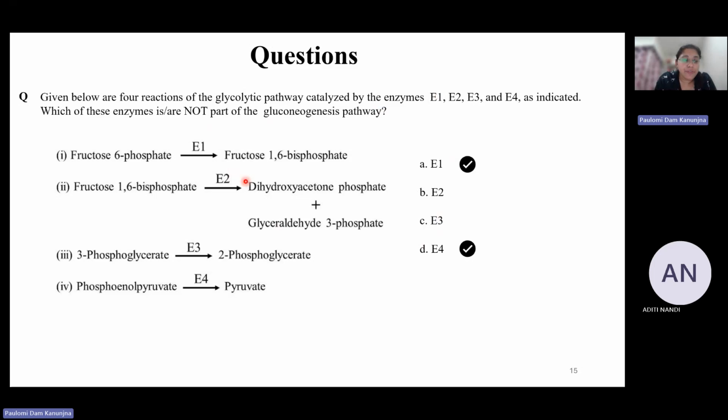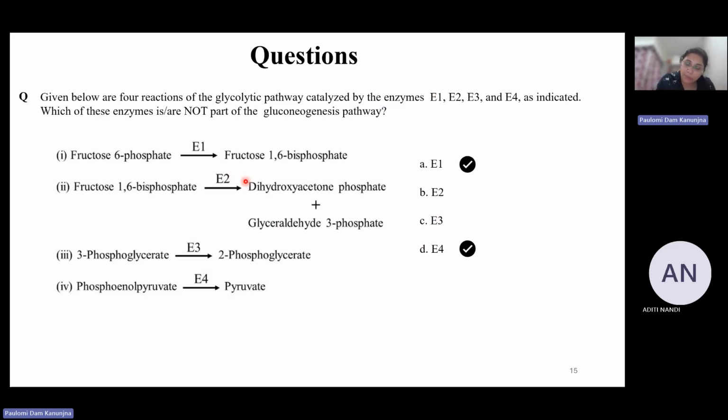Right, the first one is fructose 6 phosphate to fructose 1,6 bisphosphate. This enzyme is phosphofructokinase 1. And we know this is a highly regulated step, and remember, this is an irreversible reaction. So in gluconeogenesis, this step is bypassed.